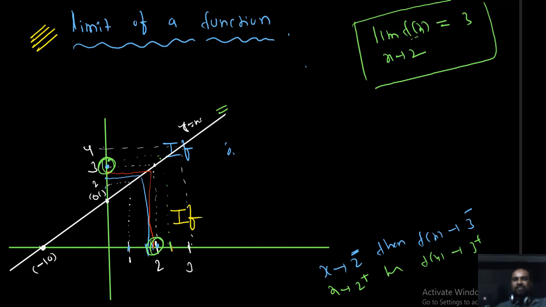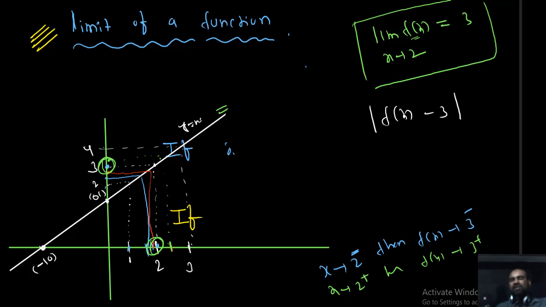f of x depends upon x. There is a change in x, automatically there will be a change in f of x. If x is changing to 2, or x approaches 2, then f of x approaches 3. Means, see what happened? The difference between f of x and 3 becomes lesser and lesser.